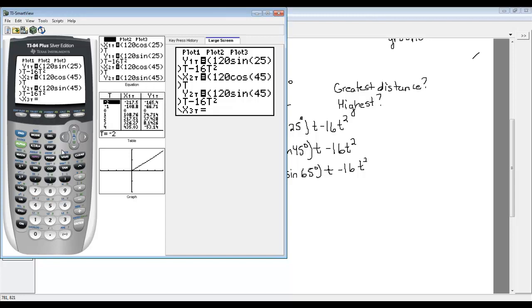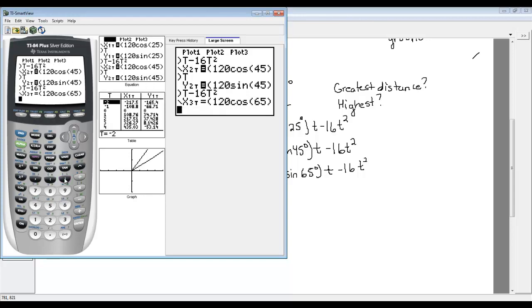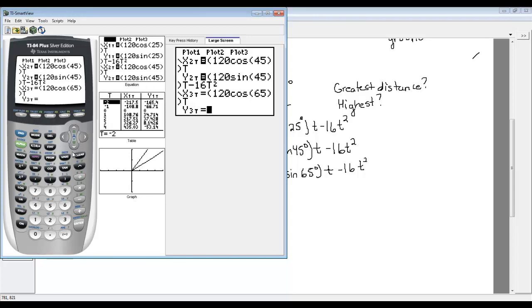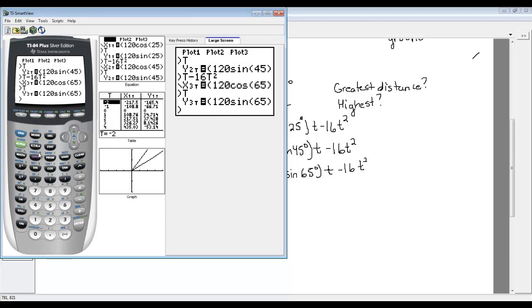For the third golf ball, we're going to have 120 cosine of 65 t, and then 120 sine of 65 times t minus 16t squared.